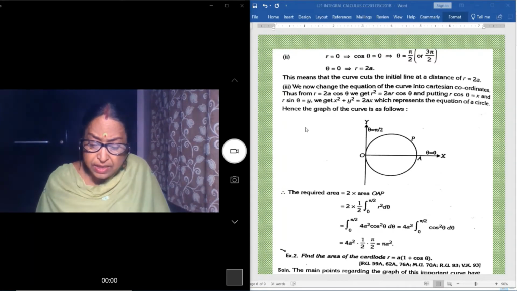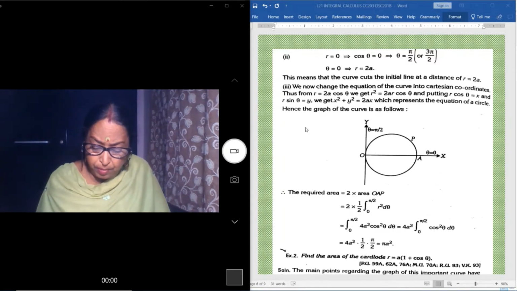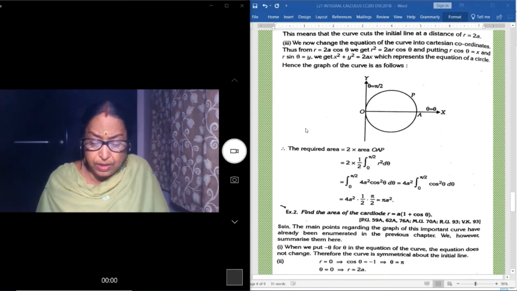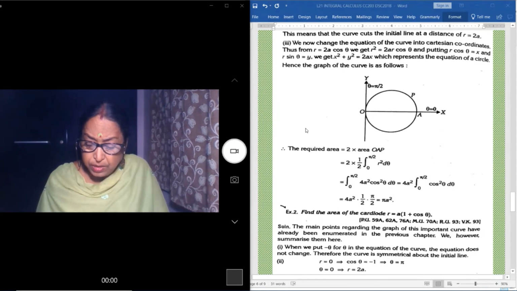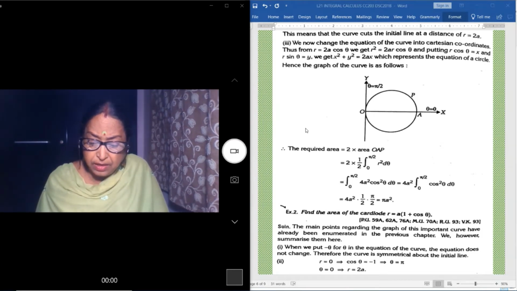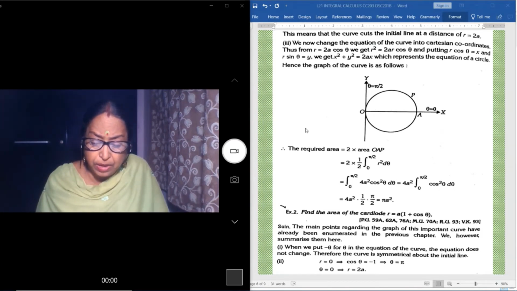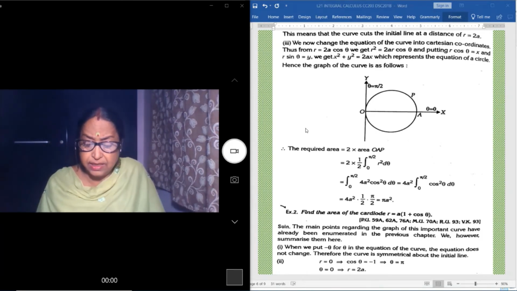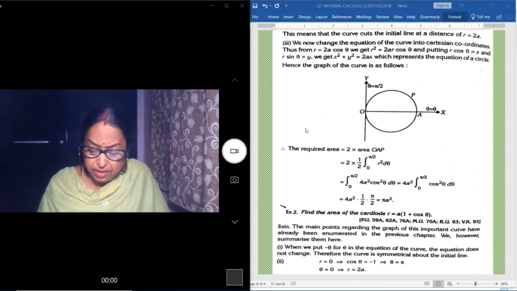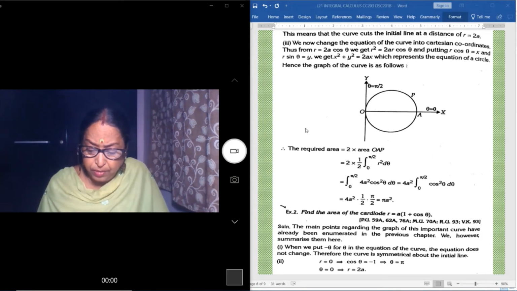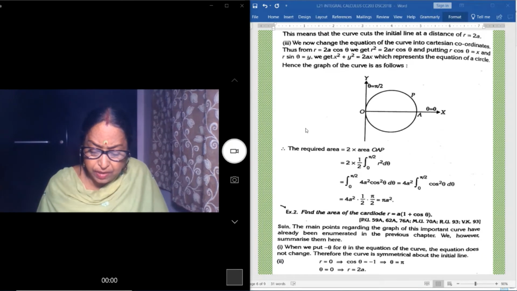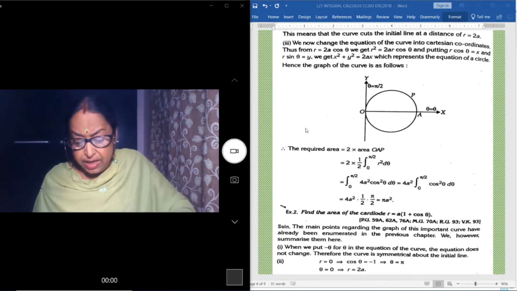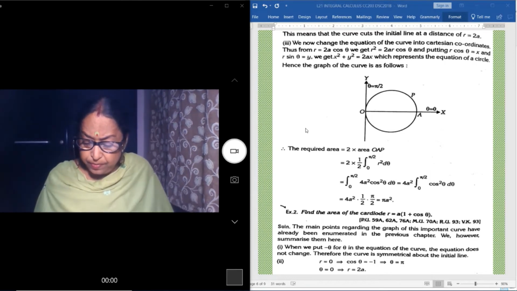Theta changes from 0 to pi by 2. So 2 times, because of the upper portion of the x-axis and the lower portion of the x-axis, the limit is 0 to pi by 2, 2a square cos square theta d theta, and then after integration we get the value.